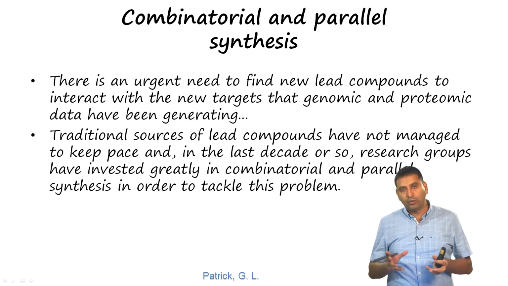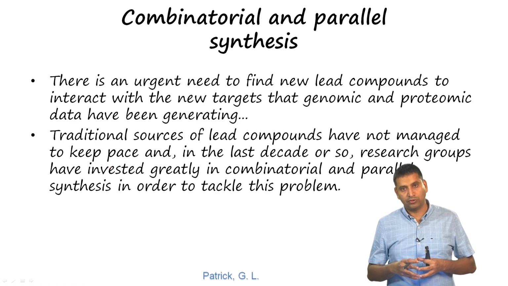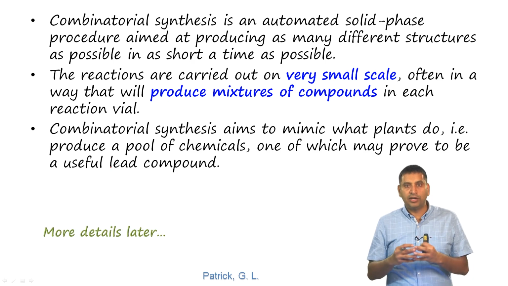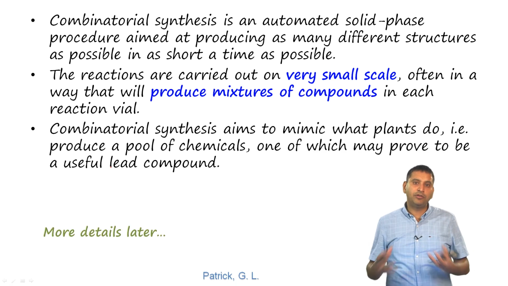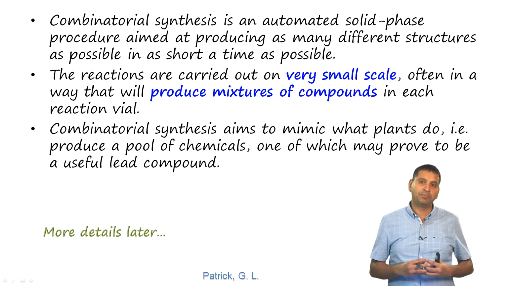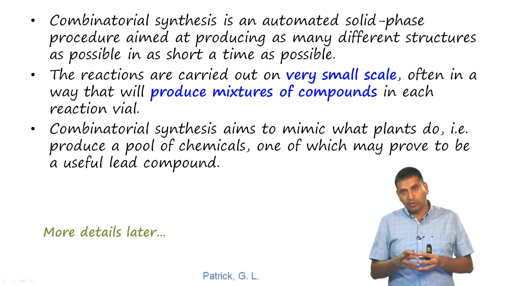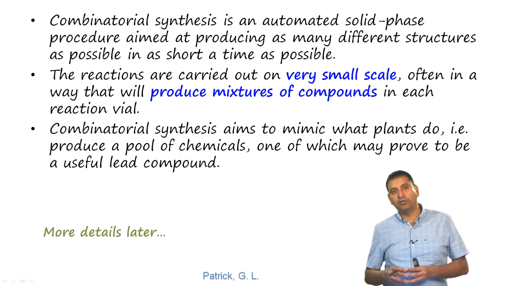So, we start making libraries of what are known as combinatorial molecules, and we can also do parallel synthesis. Combinatorial synthesis is basically an automated solid phase procedure which aims at producing as many different structures as possible in a short time. These reactions are carried out on a very small scale, for example in less than an ml, and often in a way that will produce mixtures of compounds.